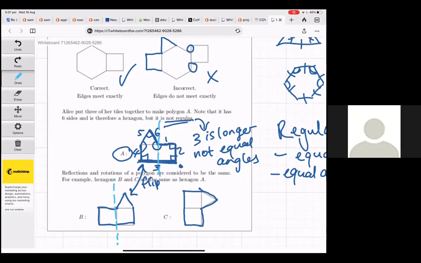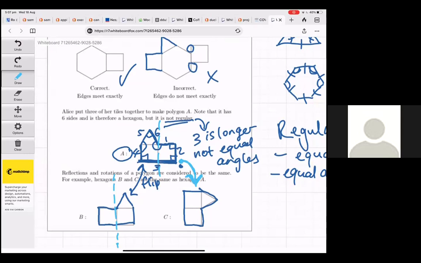And then to get from this one to this one, does someone want to tell me what happened? Why are they the same shape? What's the difference? For this one, we just had to flip. What about for A to C? Anyone have an idea?